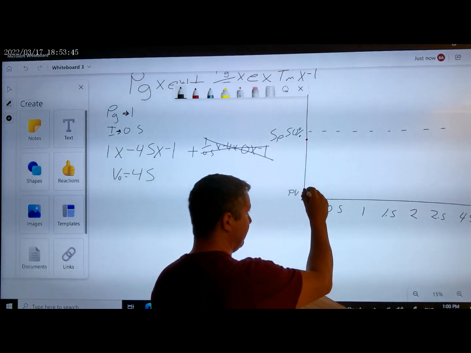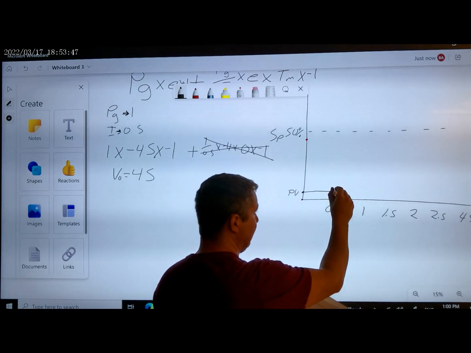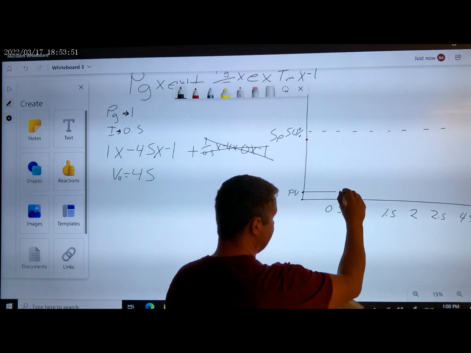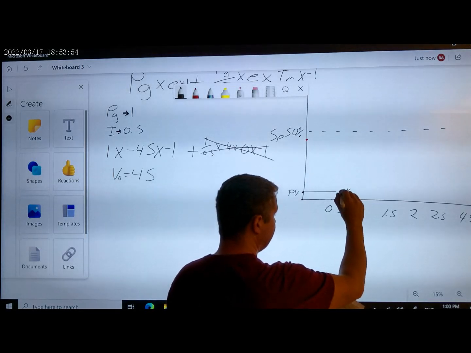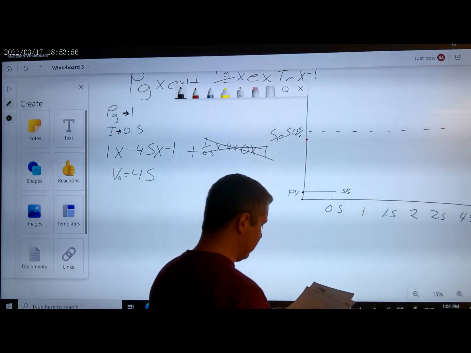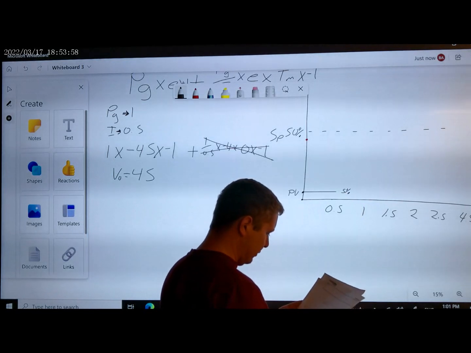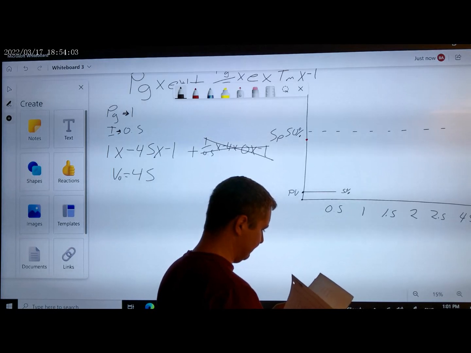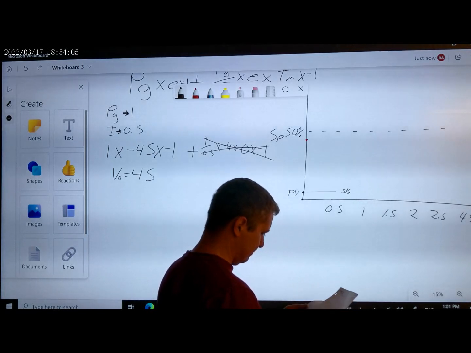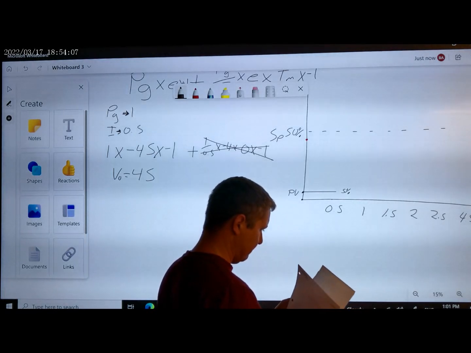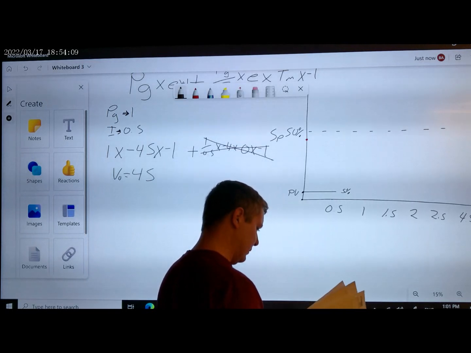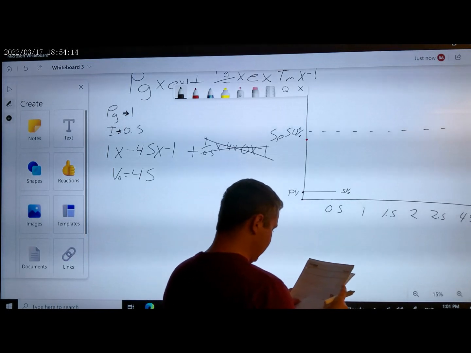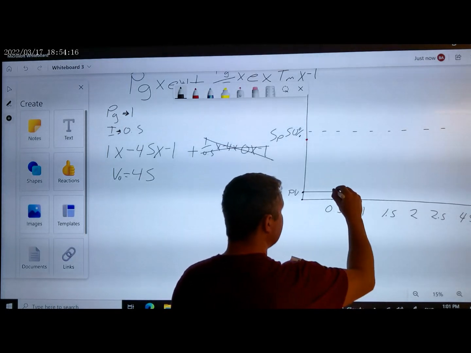Our process variable is going to remain at 5%, and it's going to increase to 60.